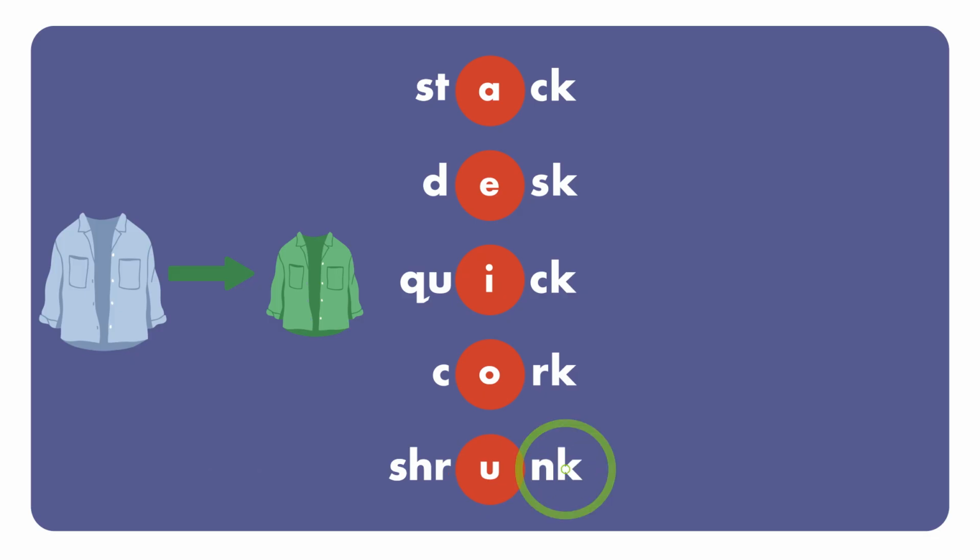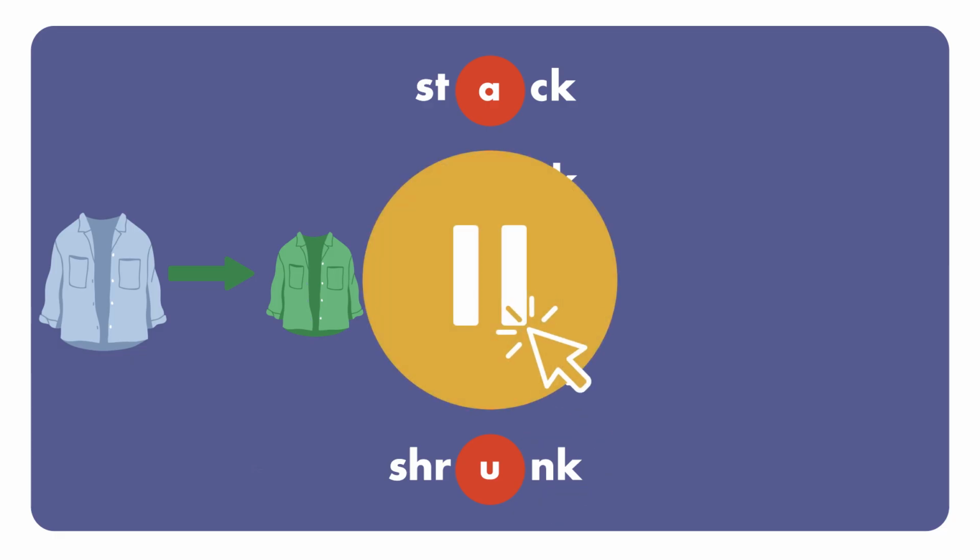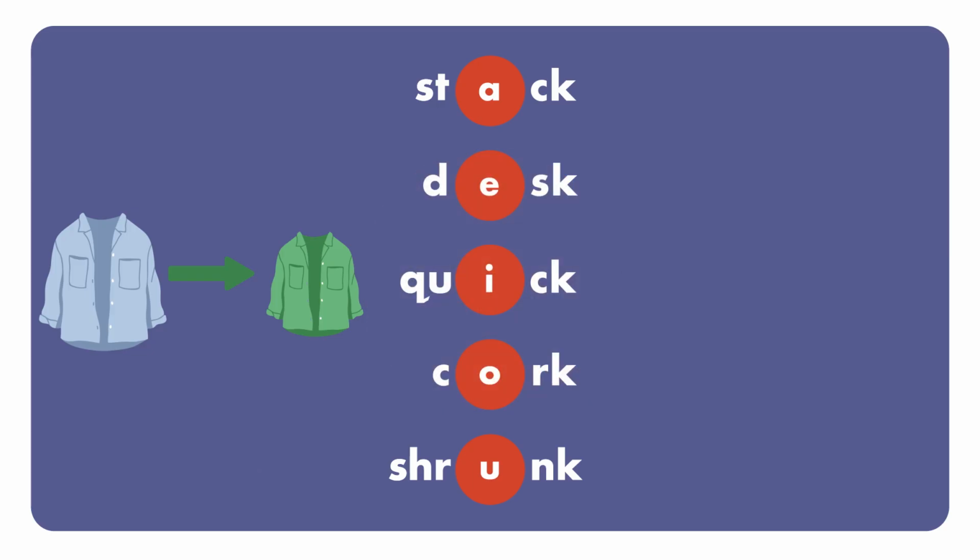Explain why we use the letter K for the k sound at the end of the word shrunk. The k sound doesn't come immediately after a short vowel sound. You can see that there is a consonant letter between the vowel and the letter K.